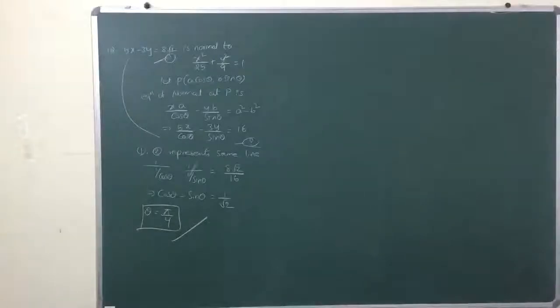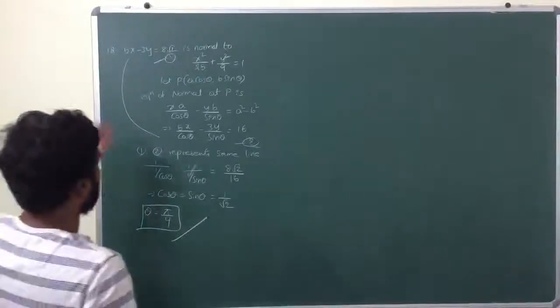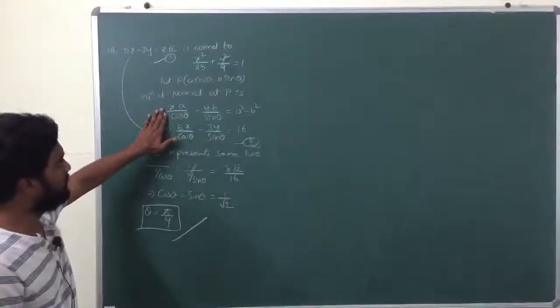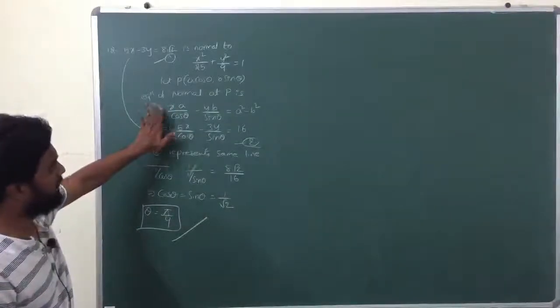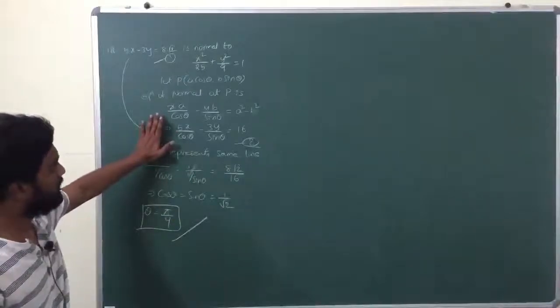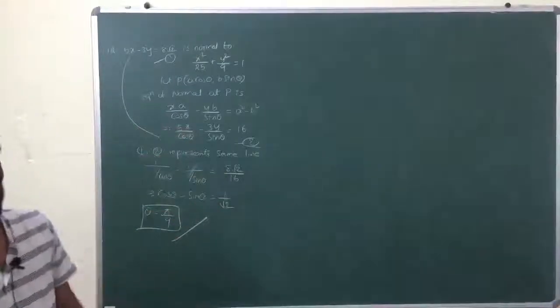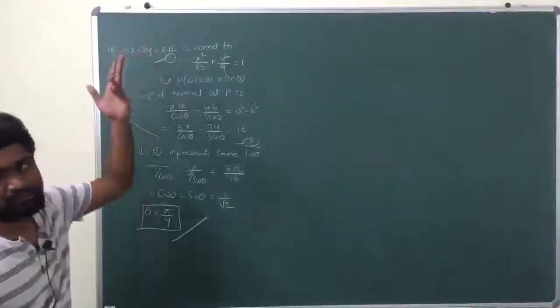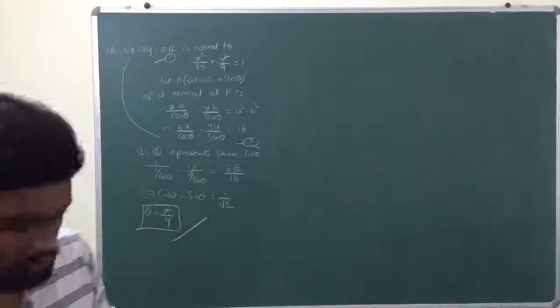That's simple. And then the slope equal to this here. Okay, then the slope is, sorry, a by b tan theta. A by b tan theta is the slope. So a by b tan theta is equal to 5 by 3. So from there also you get the value of theta.